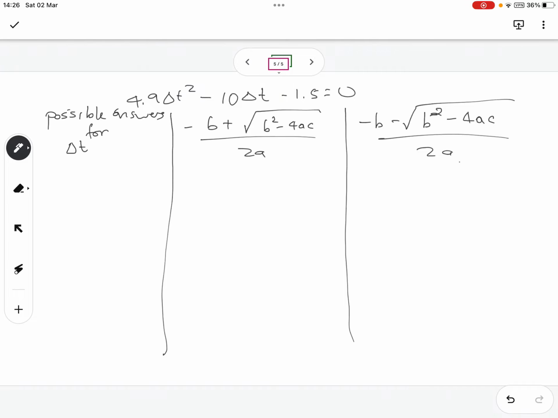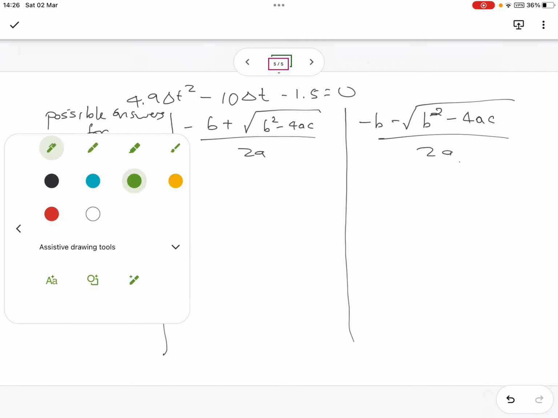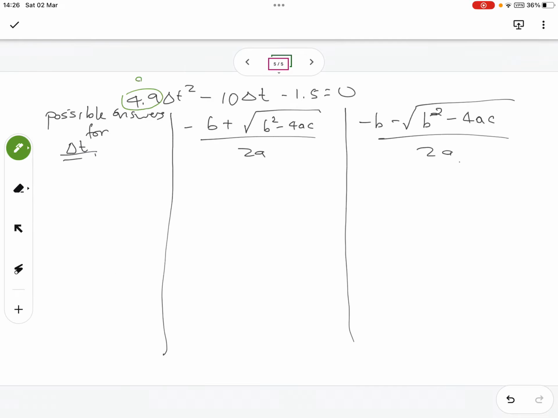And these are the possible answers for delta t, right? And how we're going to solve them: on this slide, our A is 4.9 in green at the bottom there, B is negative 10, and C is negative 1.5. So we're going to now substitute as follows on the next slide, right?